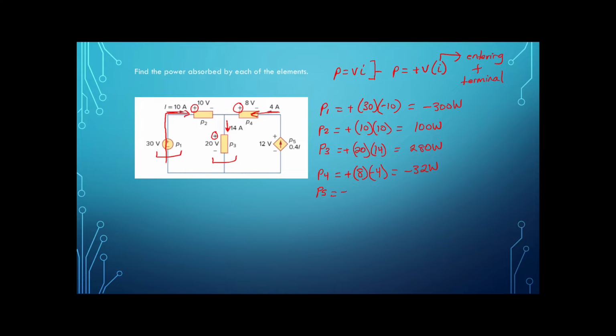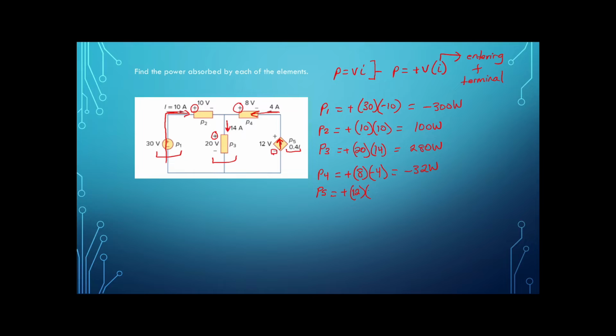And then P5 is equal to positive, the voltage, which is 12 volts, times the current entering the positive terminal. So we have a current going this way, which is 0.4 times I, and it is actually entering the negative terminal.